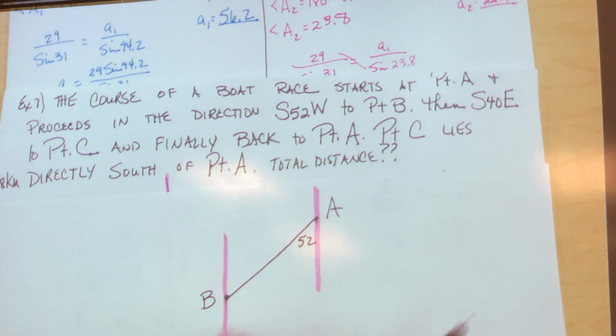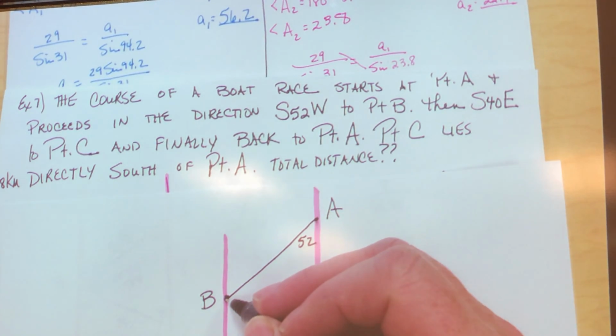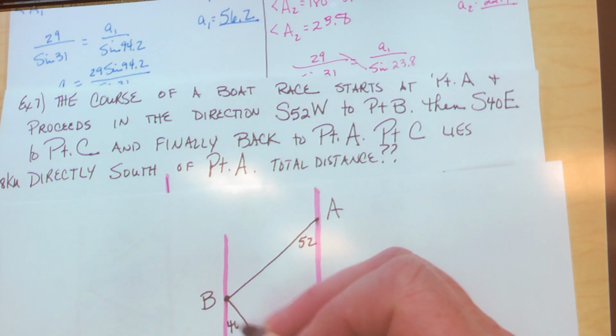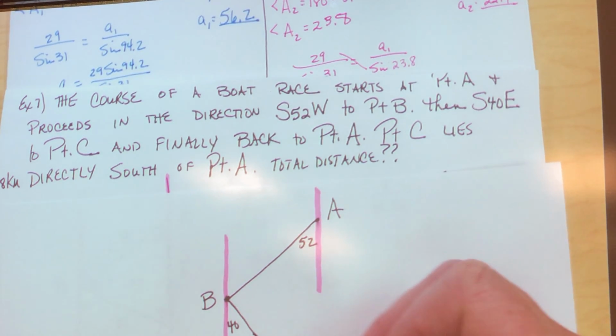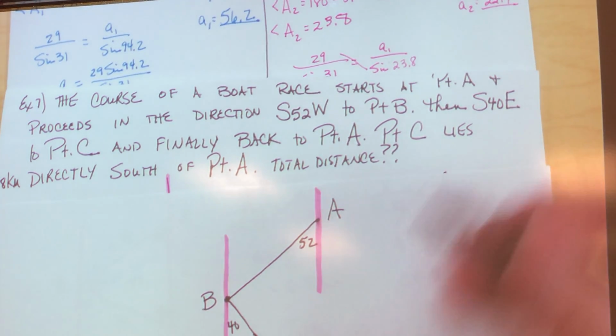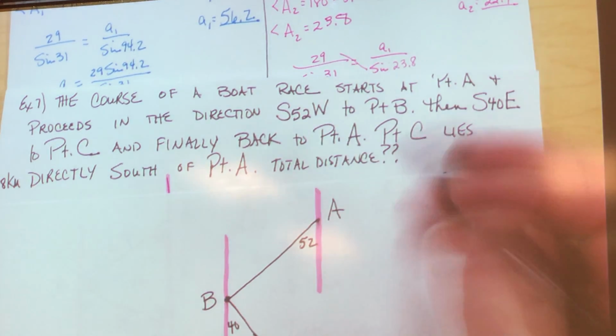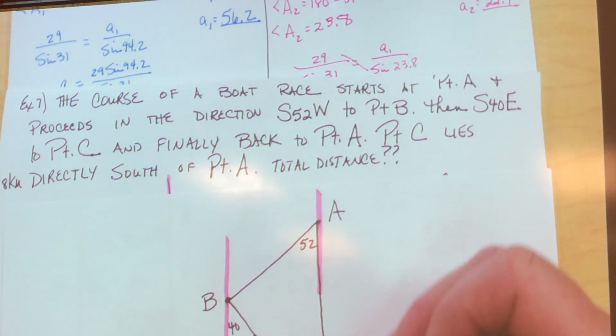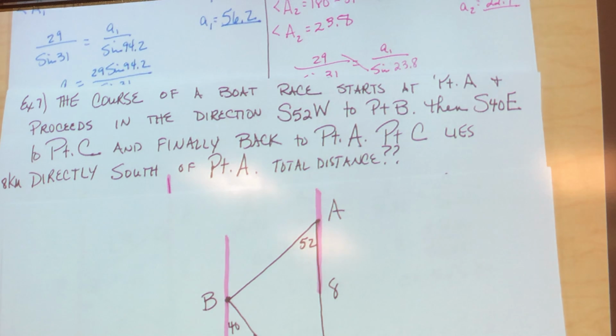And it tells me that C lies 8 kilometers directly south, so I know this right here is 8.